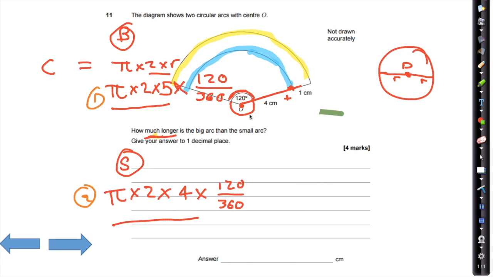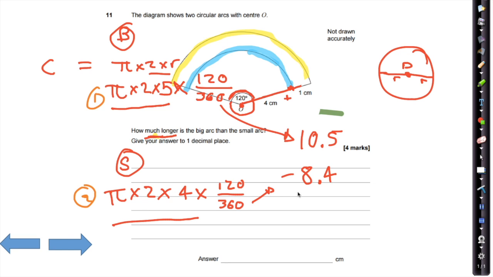If we calculate what they are, for the big one over here, it will be 10.5 centimeters. Calculating this one will give us 8.4 centimeters. And if you want the difference, we want to do the big arc subtract the small arc.